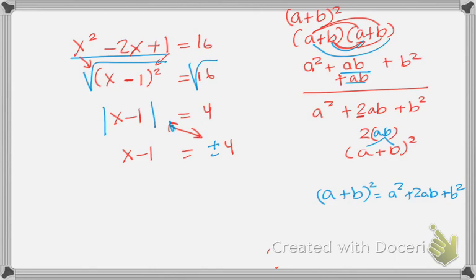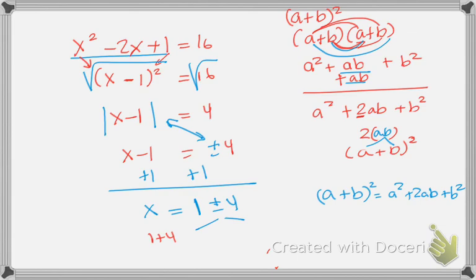Got it? Okay. And now I've got plus 1, and then I have x equals. Notice I put the 1 first, plus or minus. Please write it like that. That basically gives me two equations, 1 plus 4 and 1 minus 4. This simplifies to 5, and this simplifies to negative 3. So my solutions are negative 3 and 5.